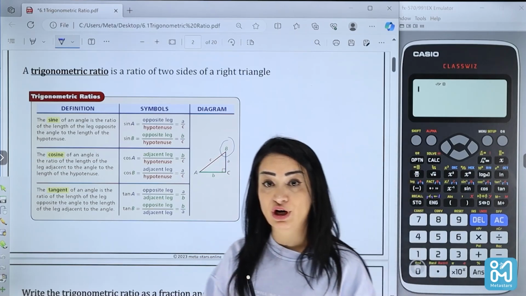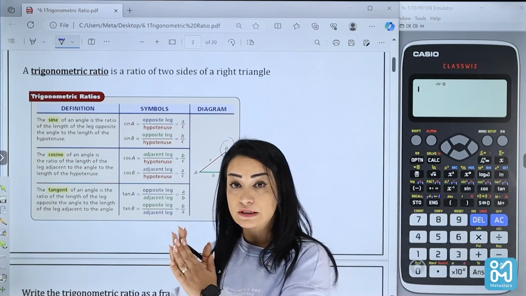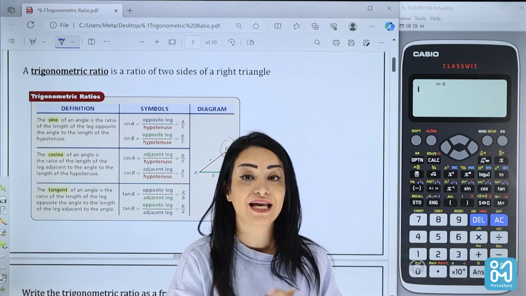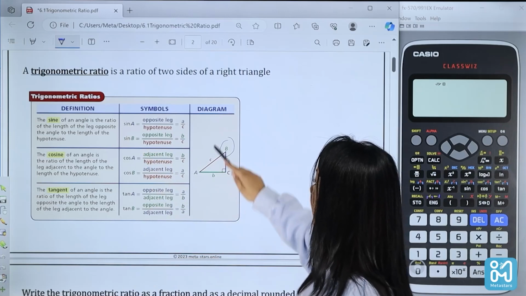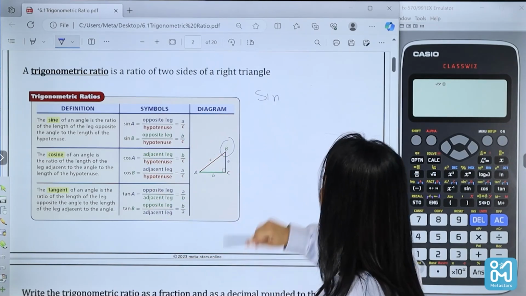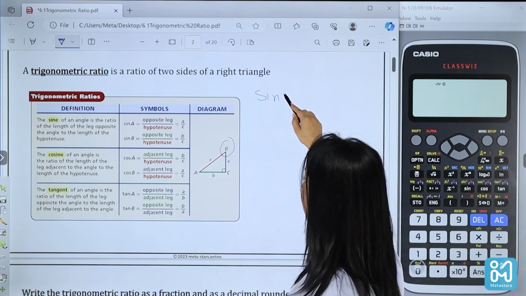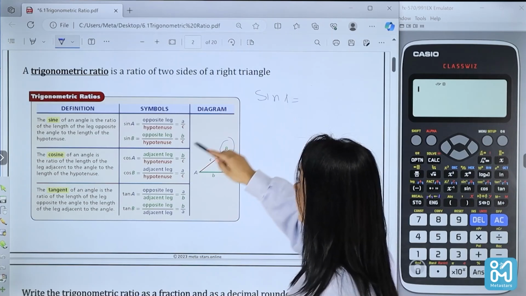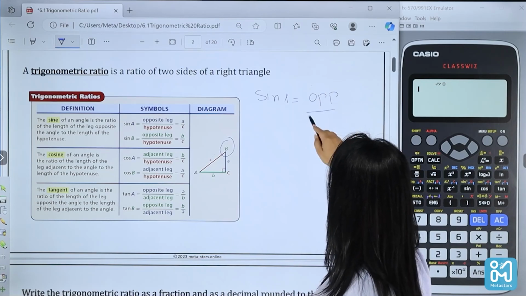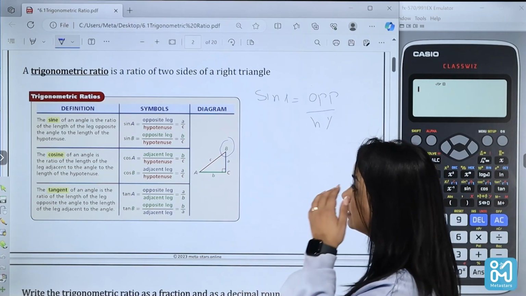So the ratio for any angle, its opposite side over the hypotenuse, we're going to call the sine ratio. So the sine of the angle, sine theta or sine x or sine of any angle, is always equal to the opposite over the hypotenuse.